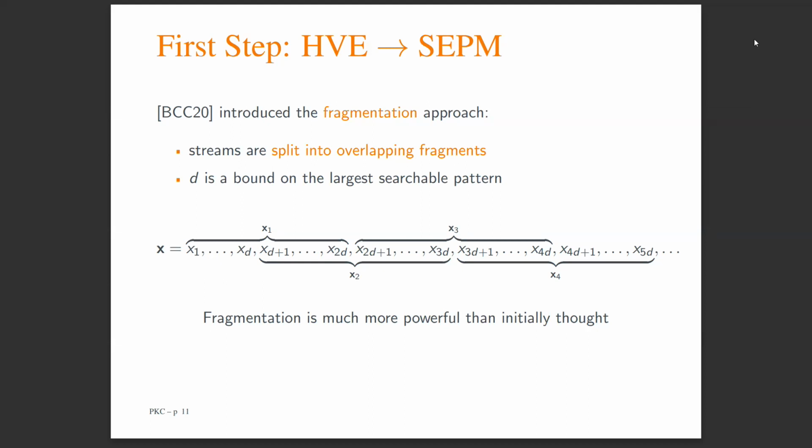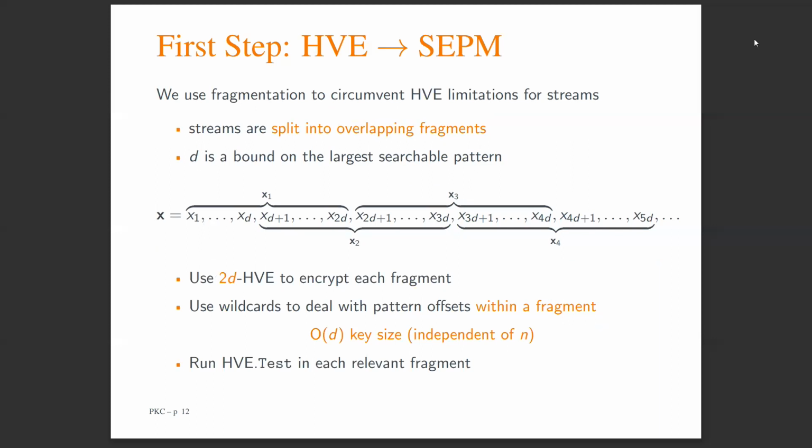But actually, what we notice is that this fragmentation is much more powerful than initially thought, because it guarantees that the pattern you are going to search is entirely contained in a single fragment. So it means that you can use a hidden vector encryption with the same key for encrypting each fragment, and then you only have to provide a set of secret keys for a single fragment and deal with the wildcard to deal with the offset within a single fragment.